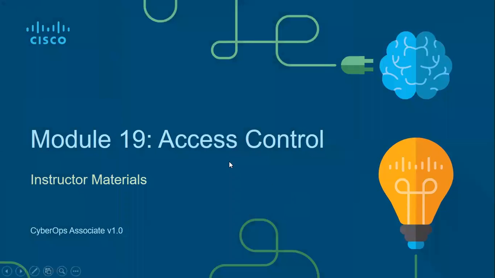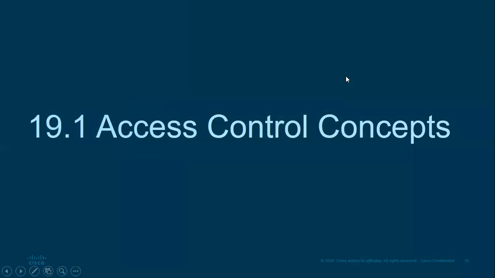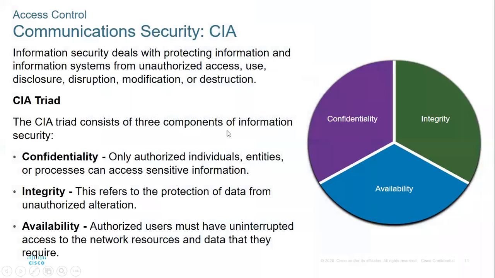Okay, module 19 is access control. Okay, so the module objective here is to explain access control as a method of protecting a network. Okay, so we'll look at access control concepts, right? CIA triad.